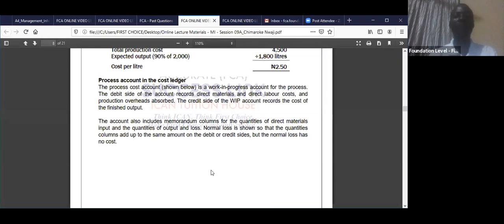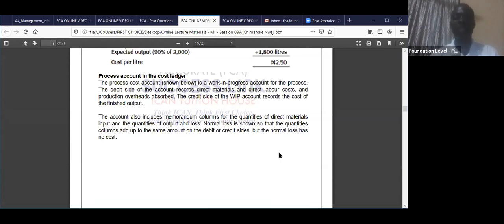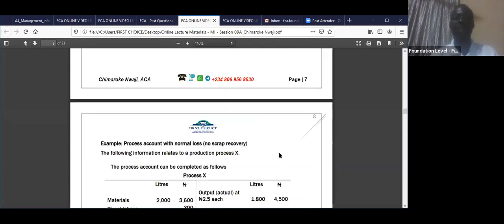The account also includes a memorandum column for quantities of direct material input, output and loss. The normal loss is shown so that the quantities column will add up. So you see in the process account, everything balances.